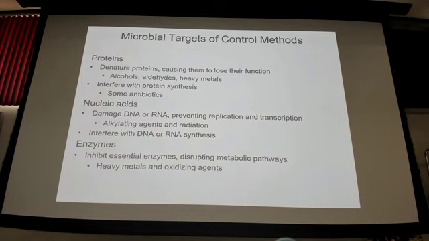Alkylating agents, exposure to radiation, things like that can damage nucleic acids. With these enzymes, we're talking about things that will oxidize enzymes and produce free radicals from those enzymes, destroying their functionality. Heavy metals would be things like copper and silver that can have antimicrobial functions as well.